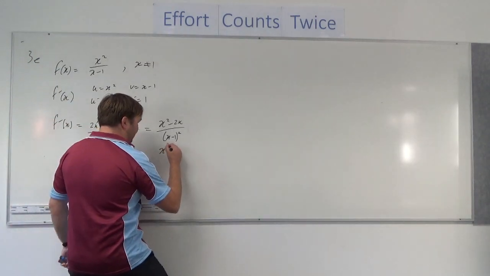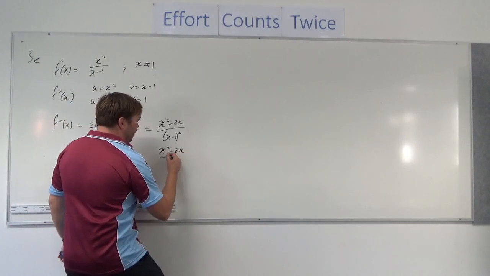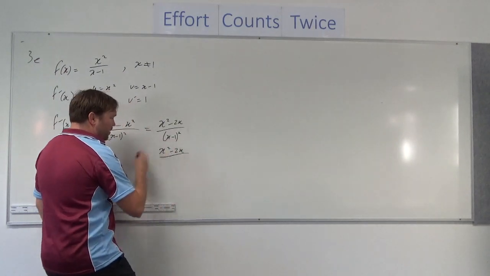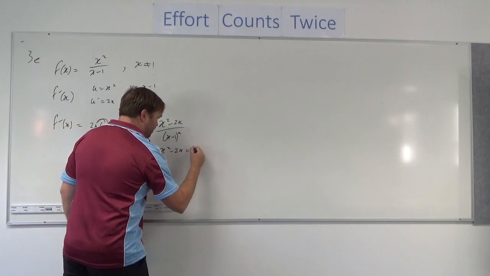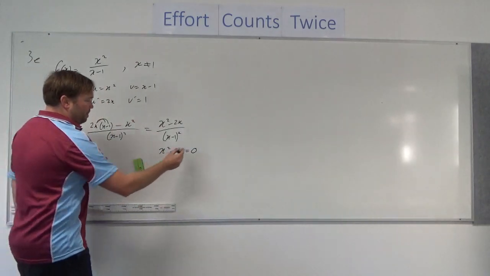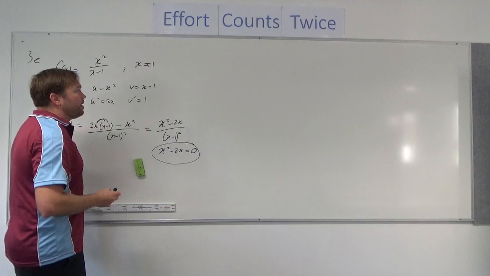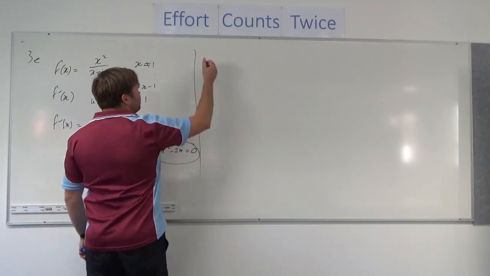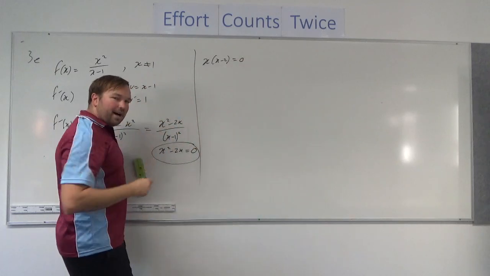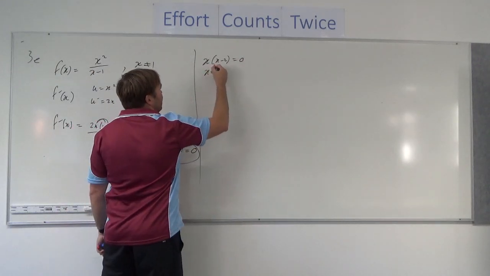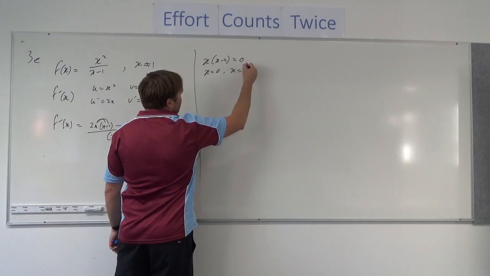If we have x squared take 2x on x take 1 squared, the only way it can equal 0 is if the top is equal to 0. So, now that's what we're trying to solve, which means that we can do x bracket x take 2 equals 0. Our solution therefore is either x equals 0 or x equals 2.